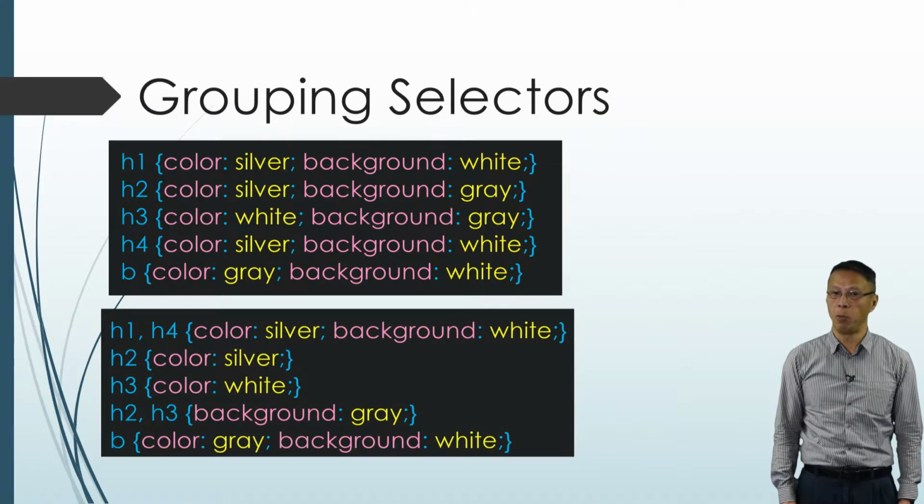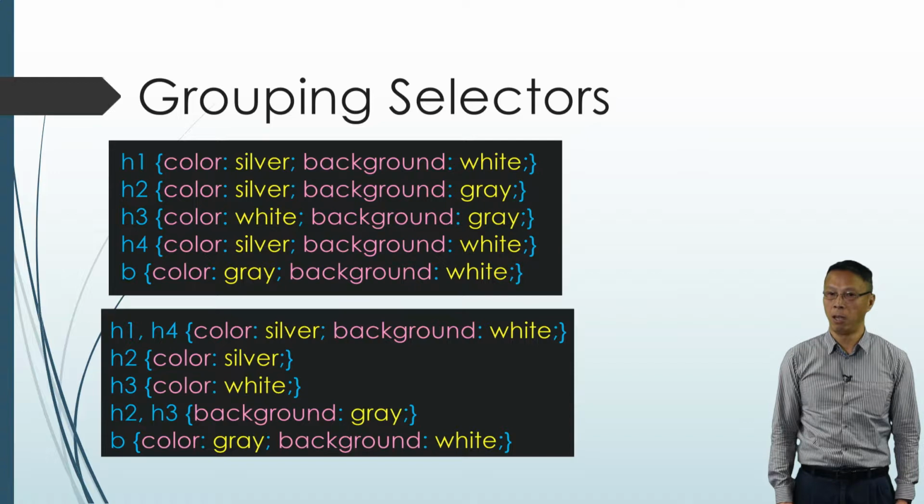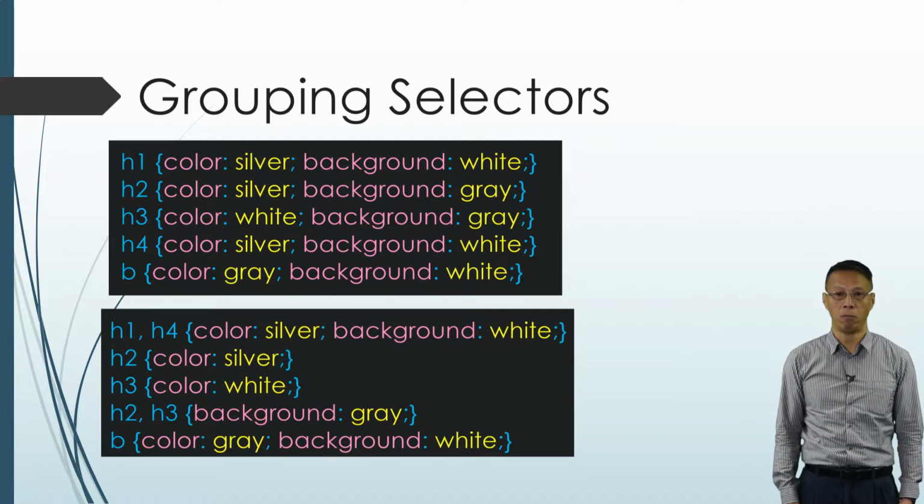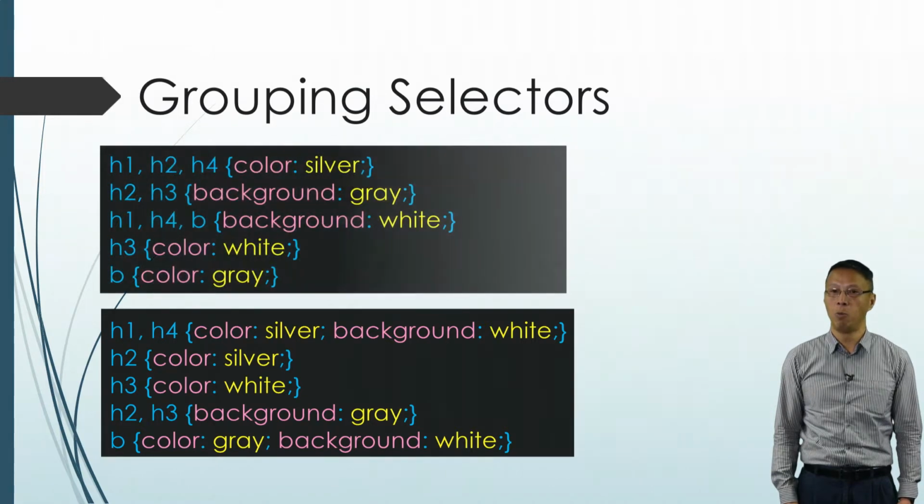At the same time, we notice H2 and H3, the background, they are having the same value. So we can rewrite H2 and H3 with the attribute background, the value is gray. So we can further simplify our work by grouping the different selectors here.